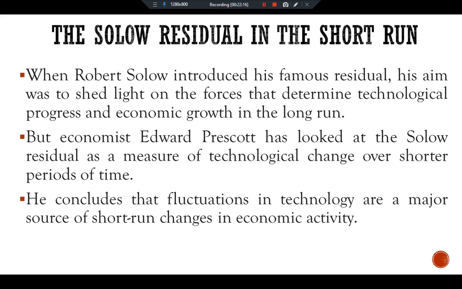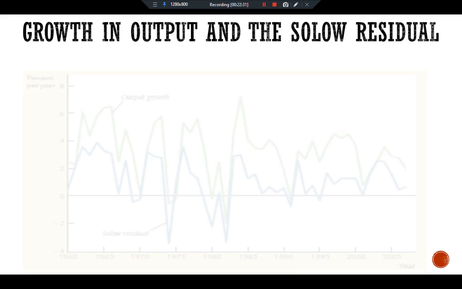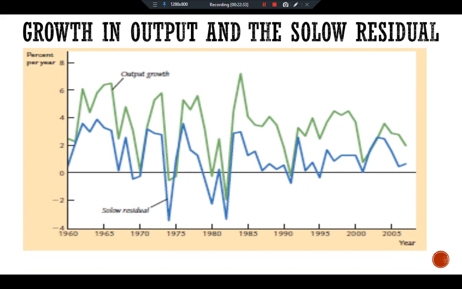So let's see a graphical presentation of how Prescott highlighted the technological changes, or we can say the total factor productivity. Okay, this figure shows the Solow residual and the growth in total output using annual data for the US from 1970 to 2007.